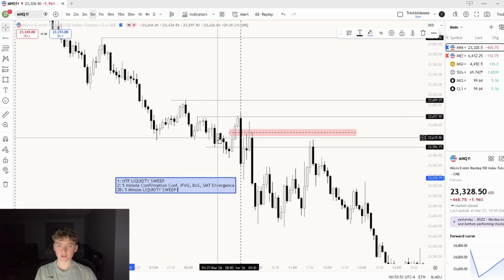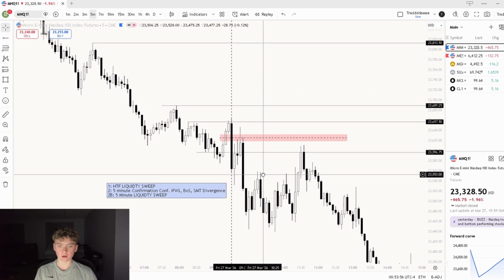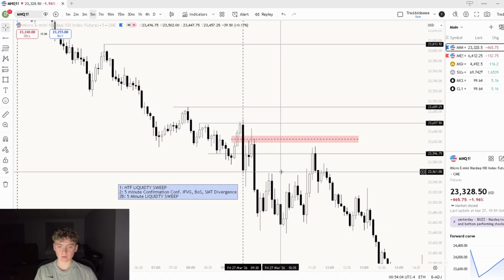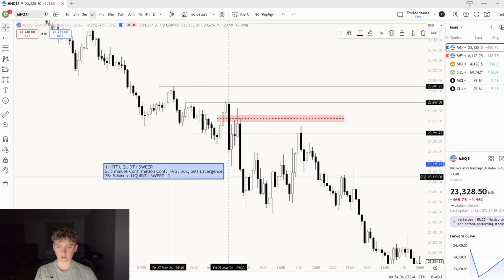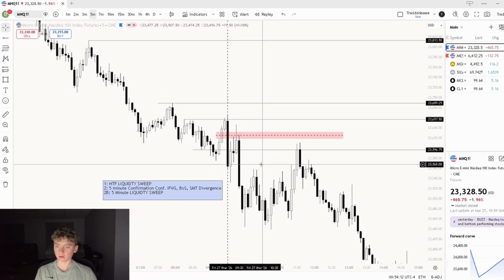So if we see that we swept liquidity before market open on the high time frame, and market opens, we want to see a 5-minute liquidity sweep to confirm that we are indeed going to continue downwards, and we hadn't just manipulated there and then distributed in that session.